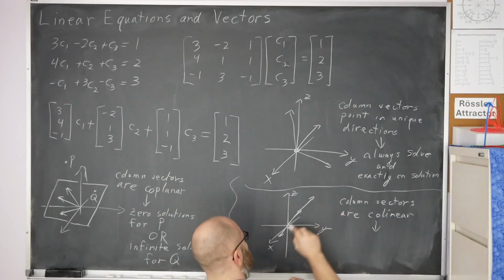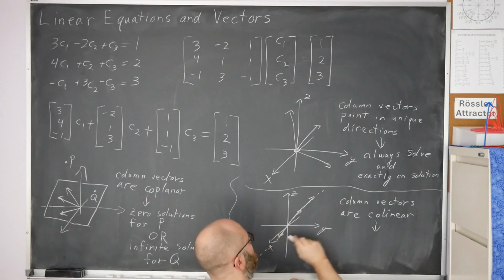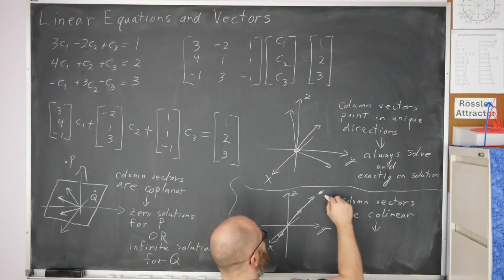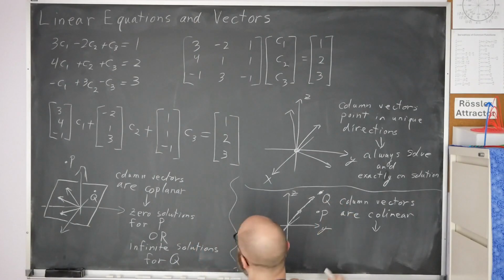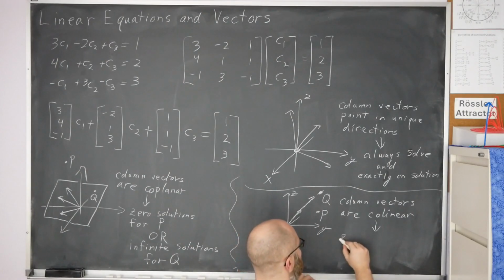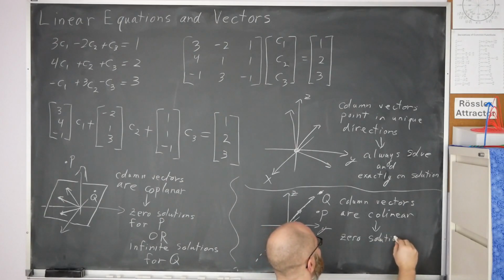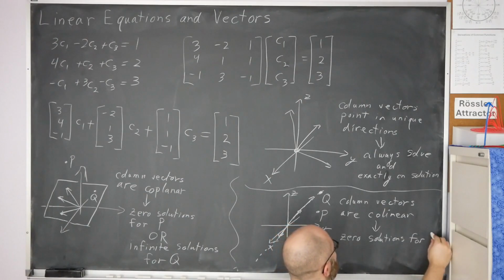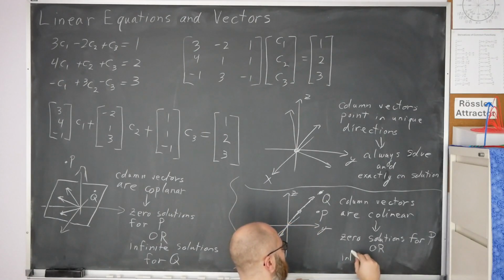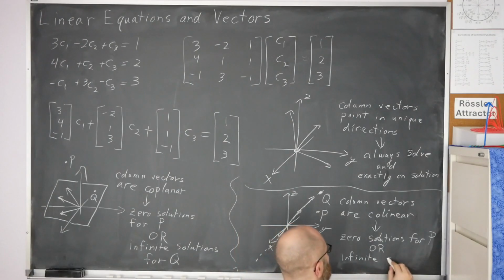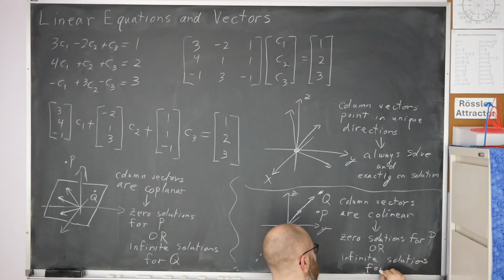Then let's say we've got our points, Q and P. There are going to be zero solutions for P, or there's going to be infinite solutions for Q, because Q is in the line.